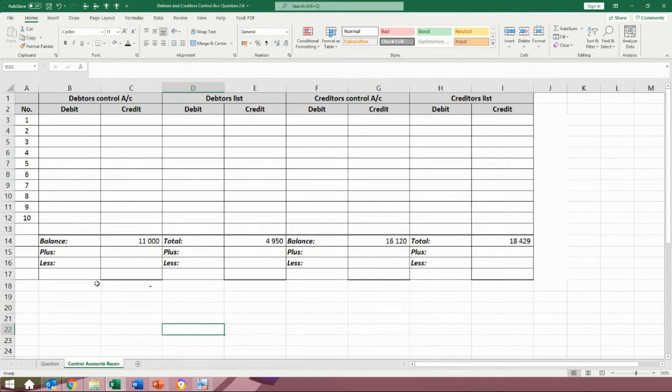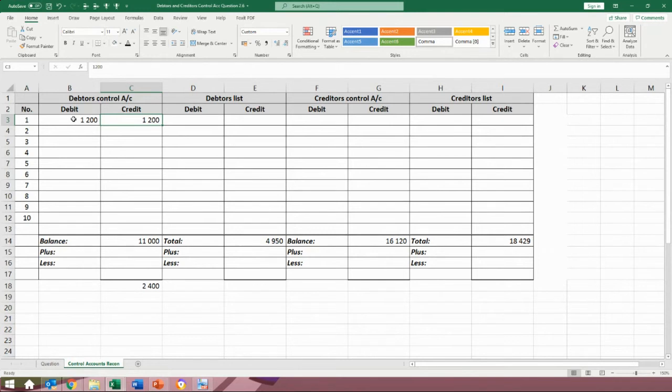Let me just explain how it works. They initially put 1,200, which was incorrect. To net it out, we would have to put 1,200 on the other side to get it back to 0.